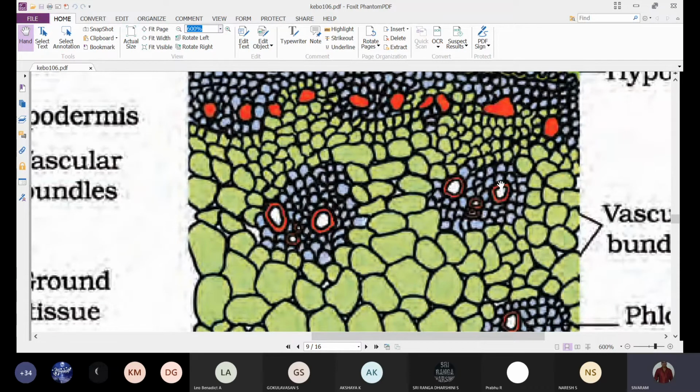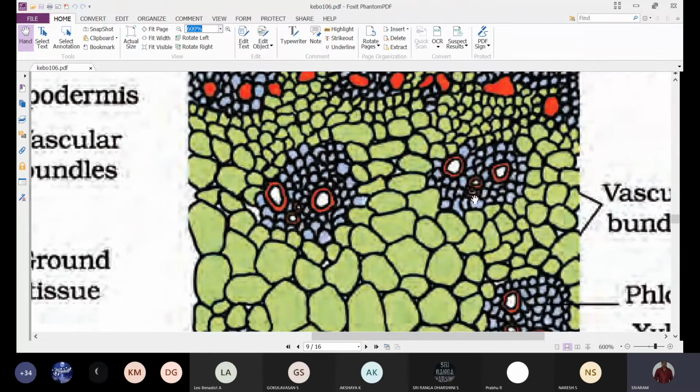We can see here the protoxylem. We can see very clearly the lumen of this protoxylem is narrow, whereas the lumen of this metaxylem is wide. So protoxylem towards the inner side and metaxylem towards the outer side. That's why we are saying it is endarch.